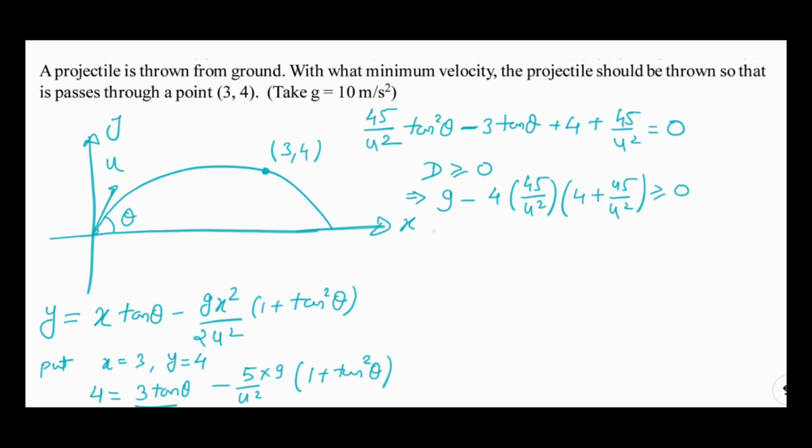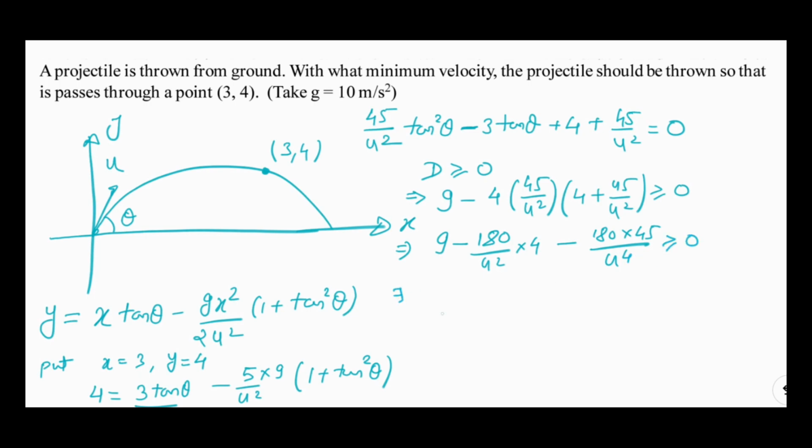I can multiply this out, then I will get 9 minus 4 into 45, which is 180, so 180 by u square is multiplied with 4 in the first term, then minus 4 into 180 into 45 by u to the power 4 term here. This should be greater than or equal to 0.